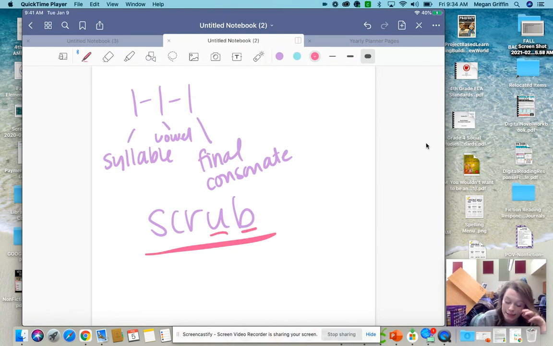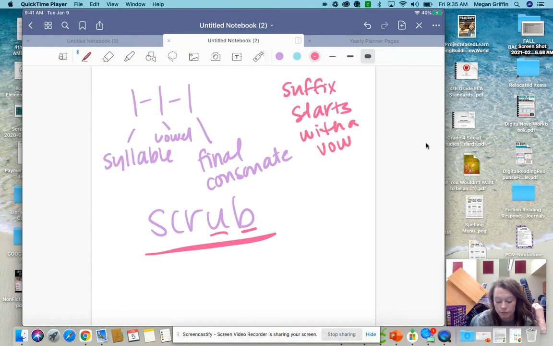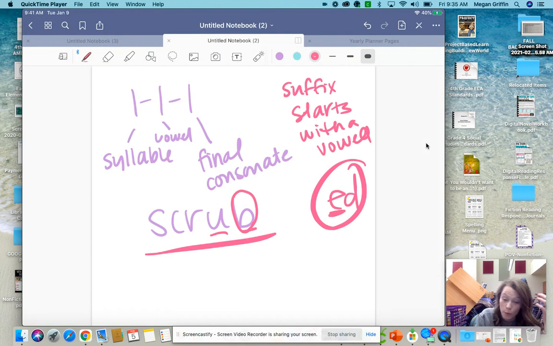When that applies, and I'm adding a suffix that starts with a vowel, I have to double the final consonant. So because our suffix this week is ed, it starts with that vowel.